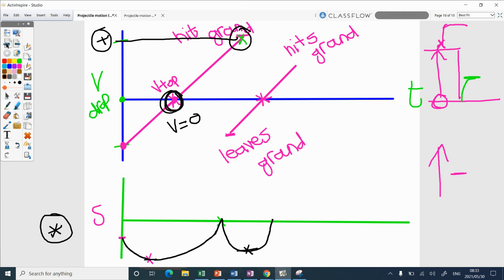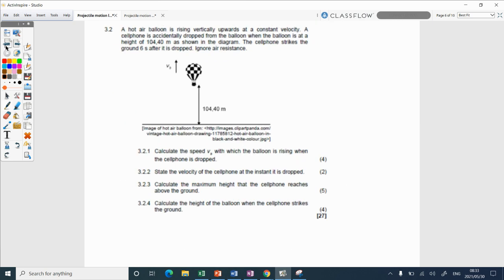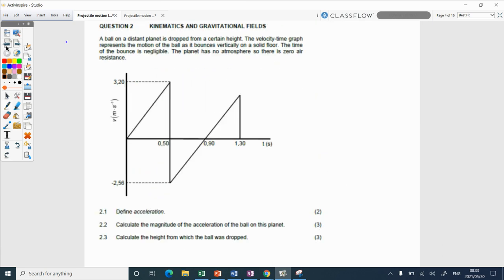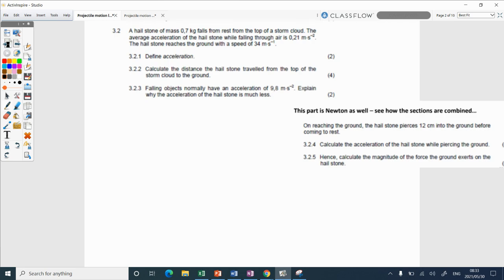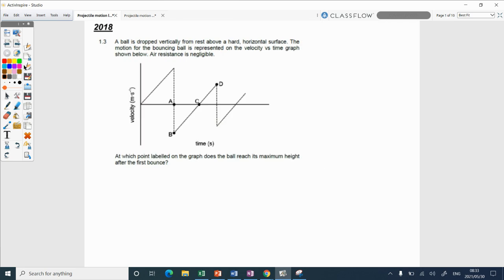Right. So let's look at questions. You have them. The questions that I copied for you there are all the kinematics questions from 2018 and 2019, past paper and past supplementary paper. I only snipped the ones that are on projectile motion for today.